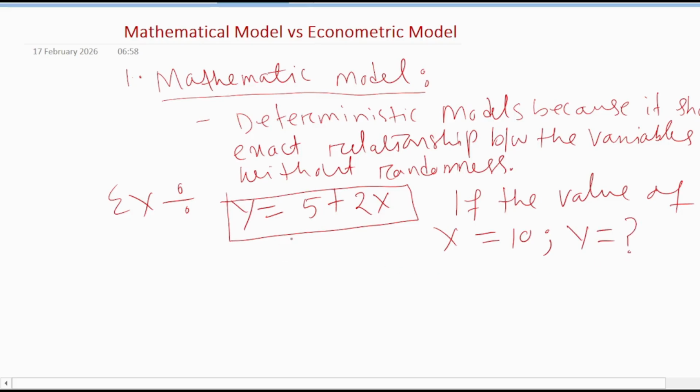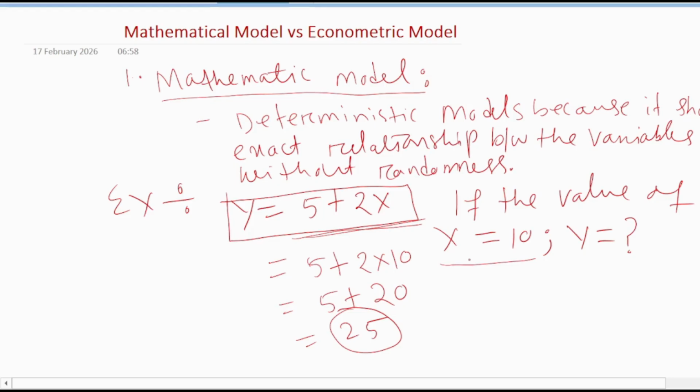So from this equation, we can say that if value of x will be equal to 10, value of y will be equal to 5 plus 2 into 10. That will be equal to 5 plus 20 will be equal to 25. That means if x will be equal to 10, y has to be equal to 25.